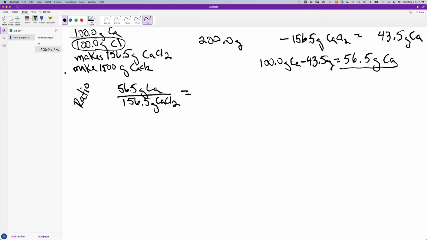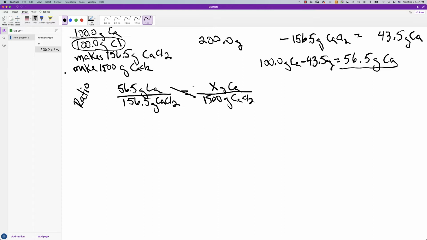And that would equal X number of grams of calcium that need to be used to make 1,500 grams of calcium chloride. Okay, so this is our ratio set up.